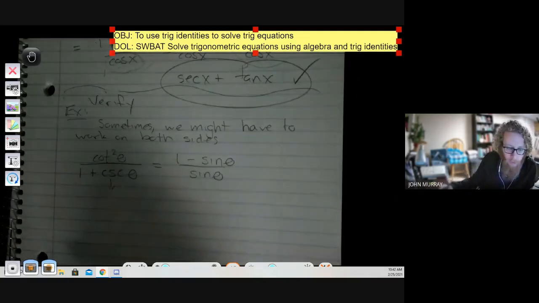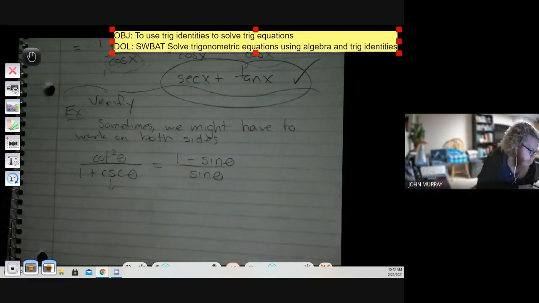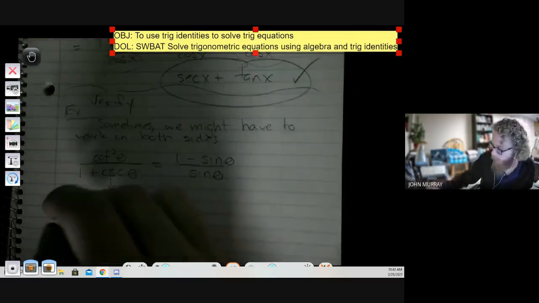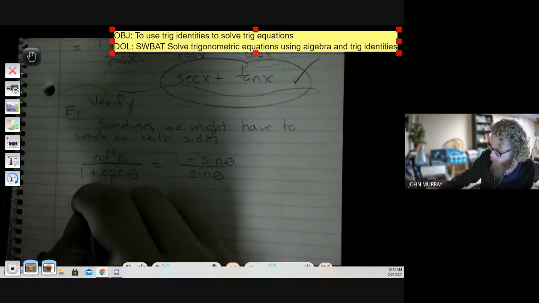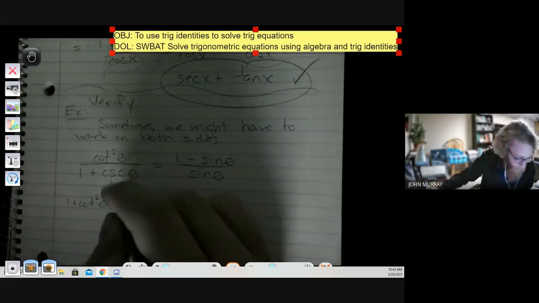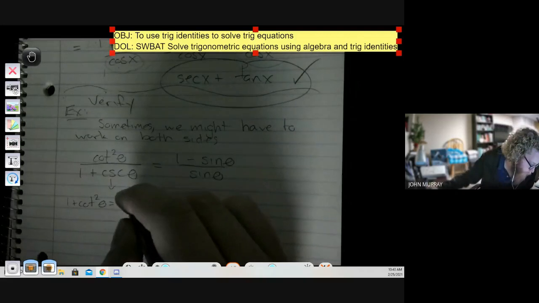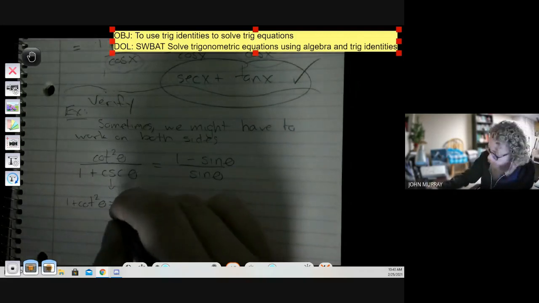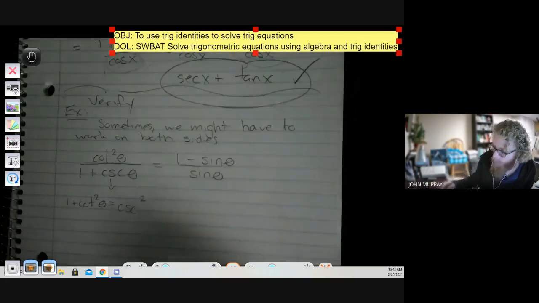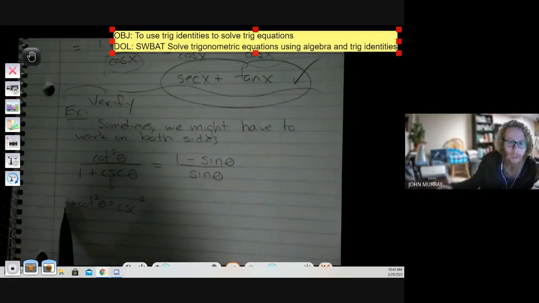So cotangent squared. We have one of our Pythagorean identities that tells us, let me make sure I get it right. One of our identities says that 1 plus cotangent squared equals cosecant squared.